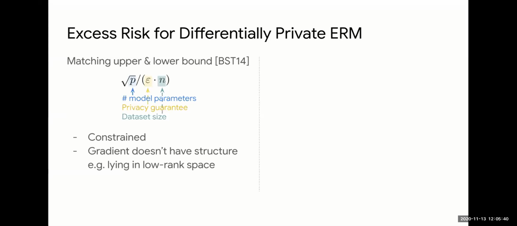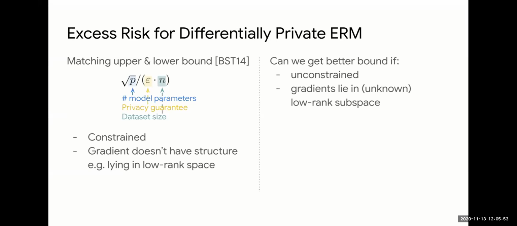But this lower bound only holds for constrained problems, where the model is constrained in a set with bounded radius. And also there is no assumption on any structure of the gradient. So the question is, can we get better bounds if the problem is unconstrained and the gradient lies in some potentially unknown low rank subspace?